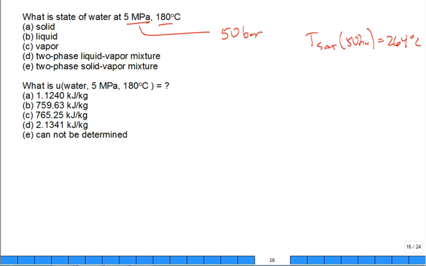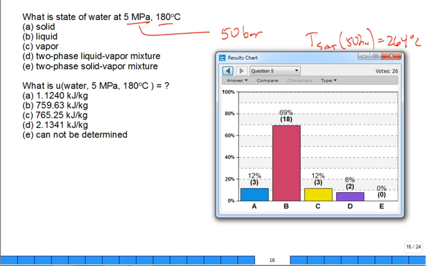All right, let's see how we responded. Liquid it is. It's true, it is liquid. The 180 is lower than the 264. So at that tremendous pressure of 5 megapascal or 50 bar, it's at a lower temperature than the saturation temperature, so it's liquid.